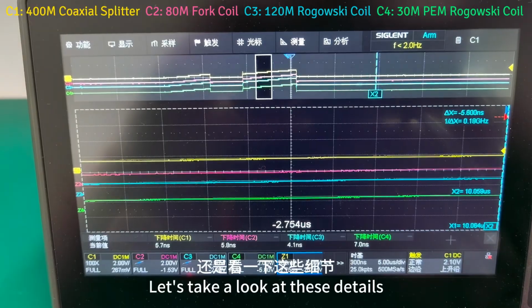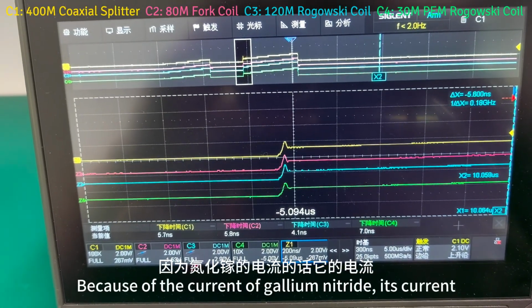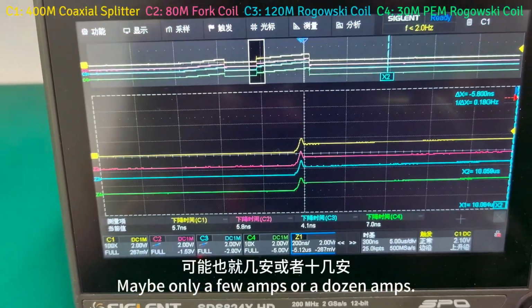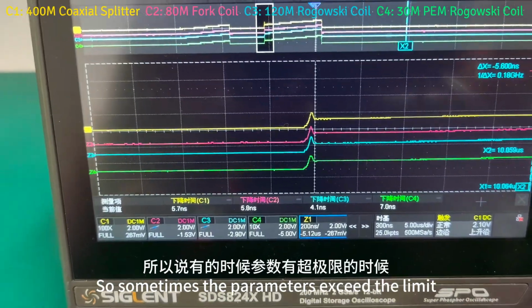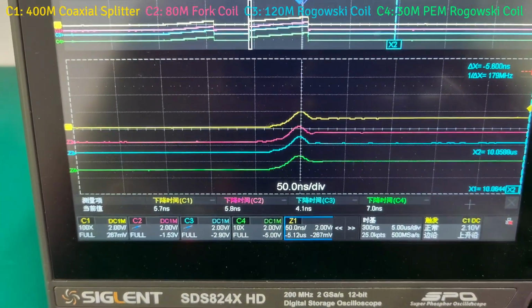Let's take a look at these details. Because the current of gallium nitride is generally not particularly high, maybe only a few amps or a dozen amps, sometimes the parameters exceed the limit. What are the consequences?